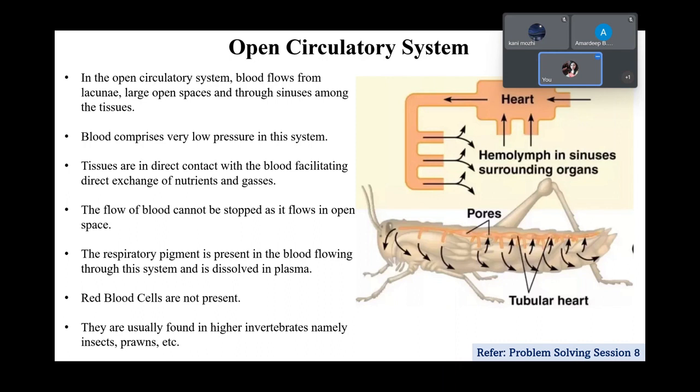As we have seen, there are arteries, veins, and capillaries. Because of this restricted, channelized movement, the blood does not come in direct contact with the tissue. And for the very same reason, the blood has very high pressure in the system. Here the respiratory pigment is in the red blood cells, and it is called hemoglobin.